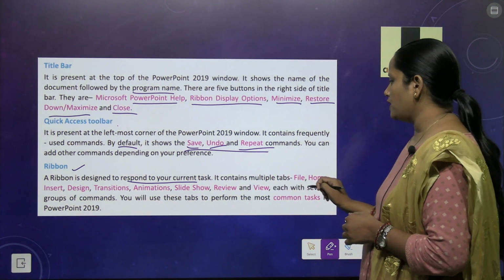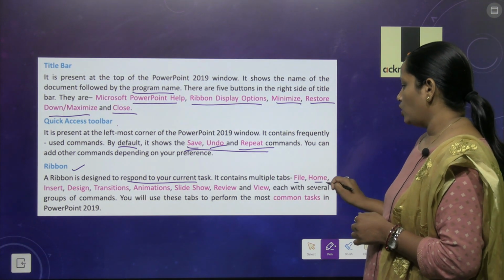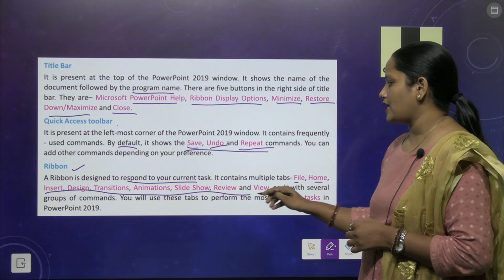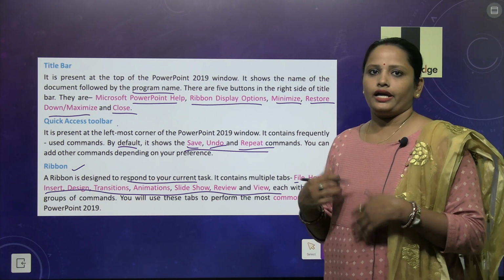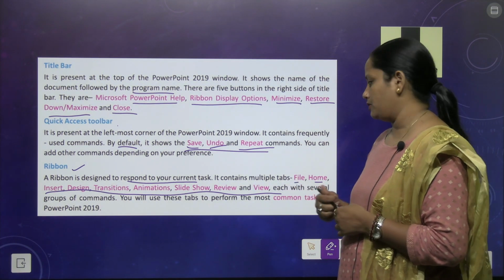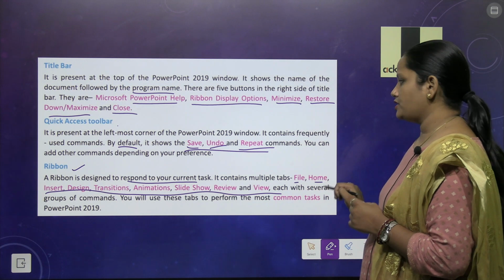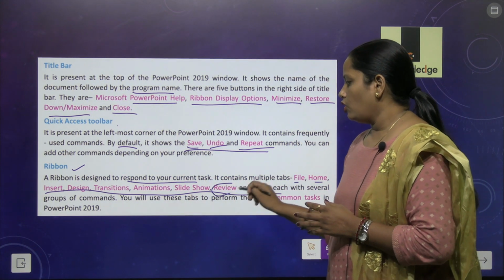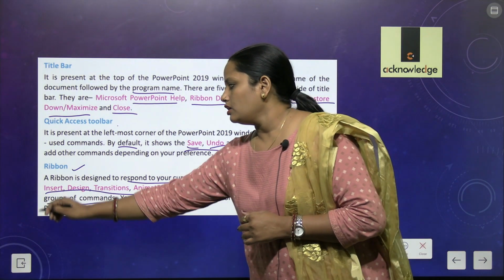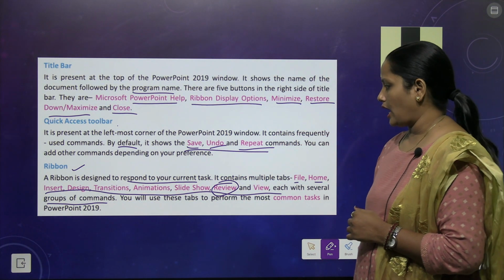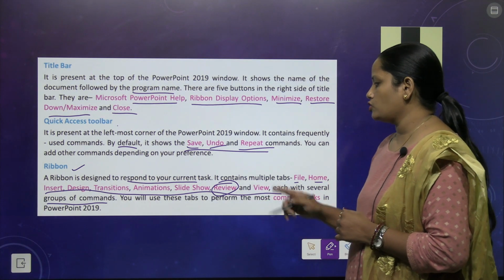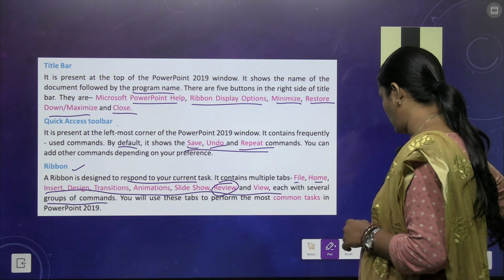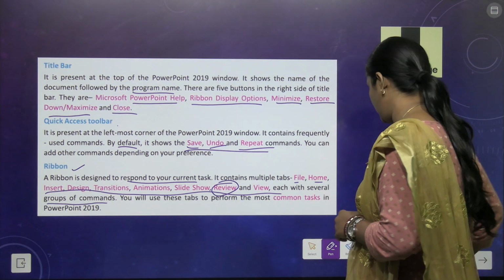It contains multiple tabs: File, Home, Insert, Design, Transitions, Animations, Slide Show, Review, View, etc. Different tabs are there on the ribbon, each with several groups of commands. So whatever tab we are opening, it will open the groups according to that tab. You will use these tabs to perform the most common tasks in PowerPoint 2019.